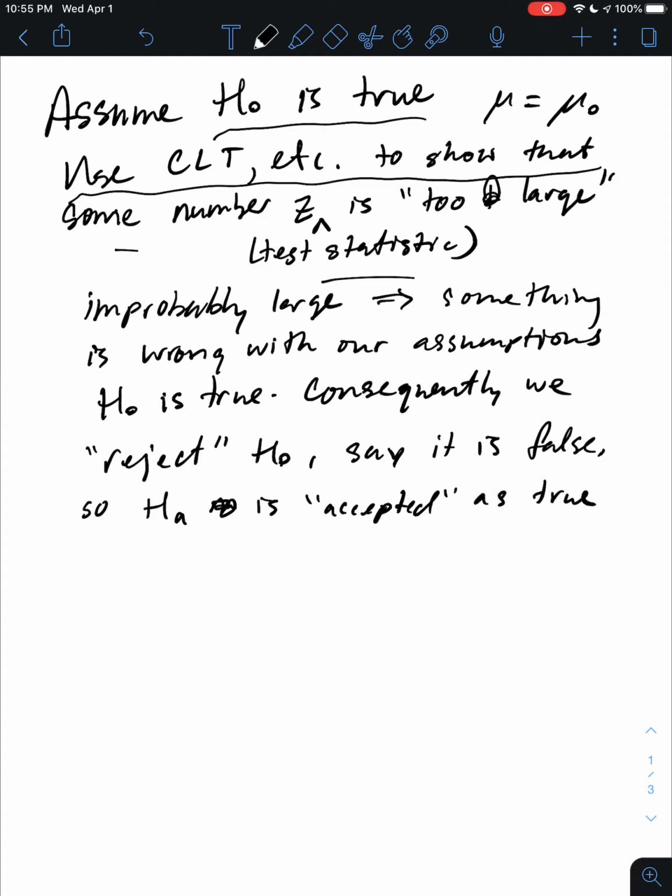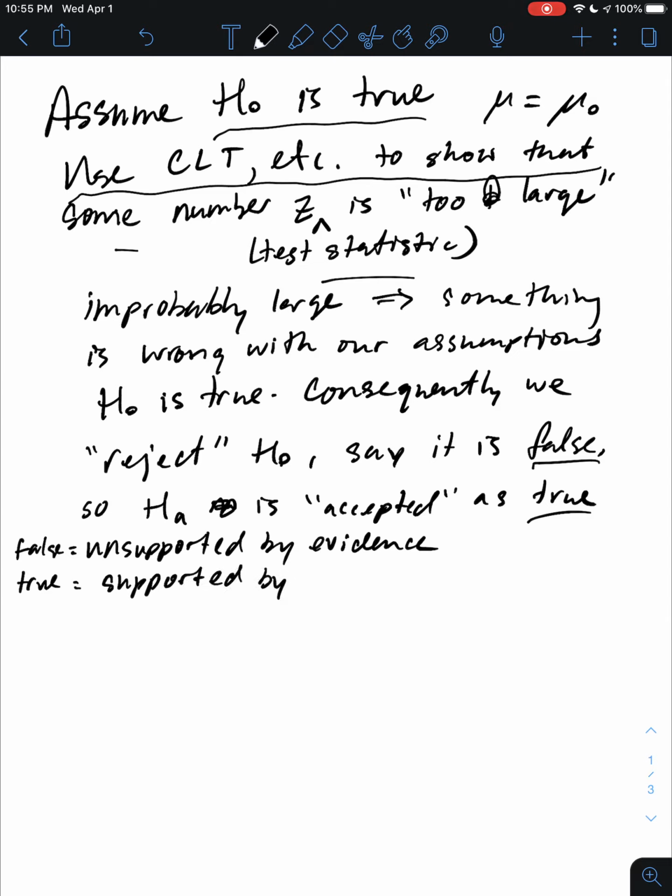So these words false and true are a bit strong for this situation, and instead of false, you might say unsupported by the evidence. And true, in this case, I'm going to replace with supported by the evidence. So that's really the strategy that we outlined earlier regarding how to proceed with a hypothesis test.